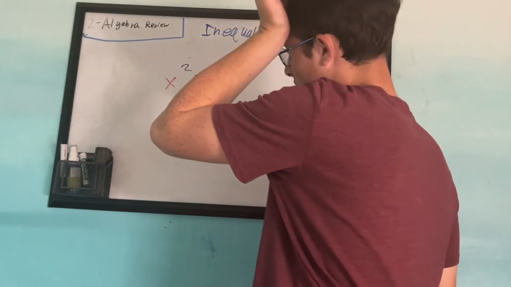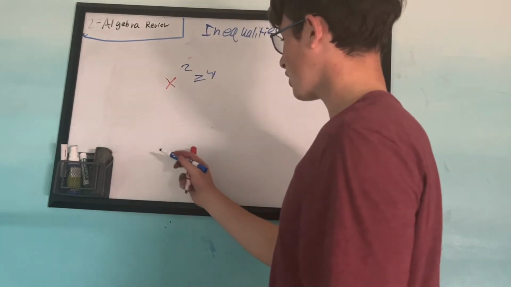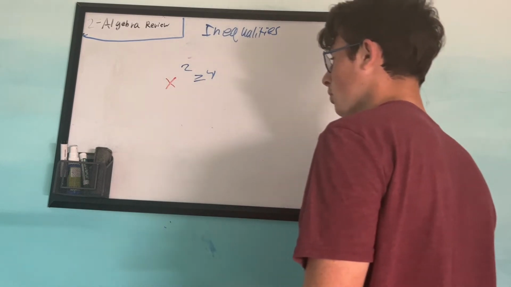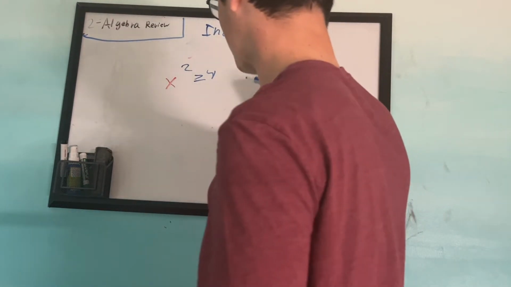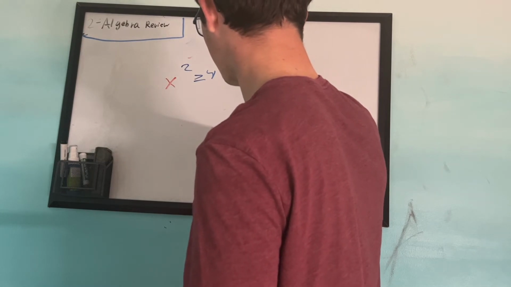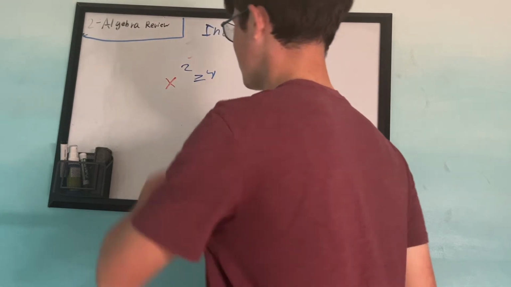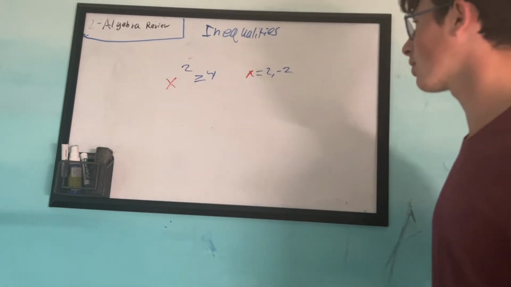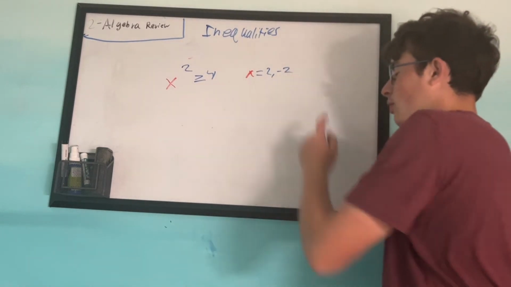What we can figure out here is, think about what two things squared equal 4. x is going to be able to equal negative 2, since this is greater than or equal to. And then consider the behavior as they go from one side to the other.